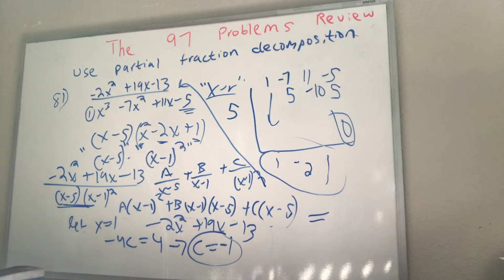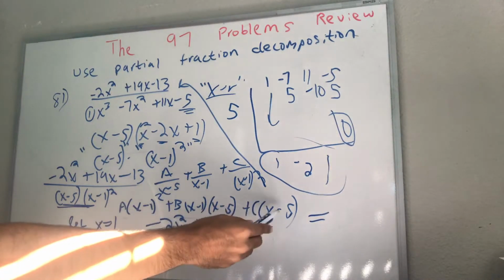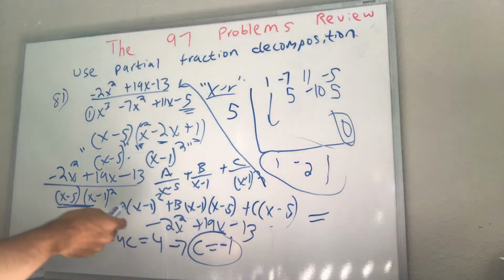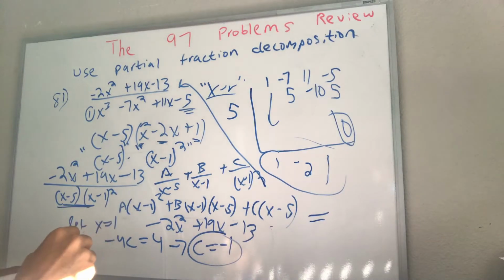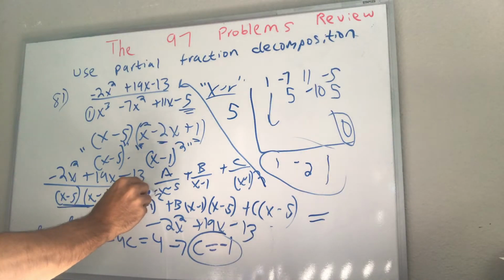Right? Now, similarly, we can say that let x is equal to 5, because then in this case, c would go away, b would go away, and we would be just left with a's. So if we let x is equal to 5, then we would have 4a. Or no, sorry, my bad. We have a square here as well.